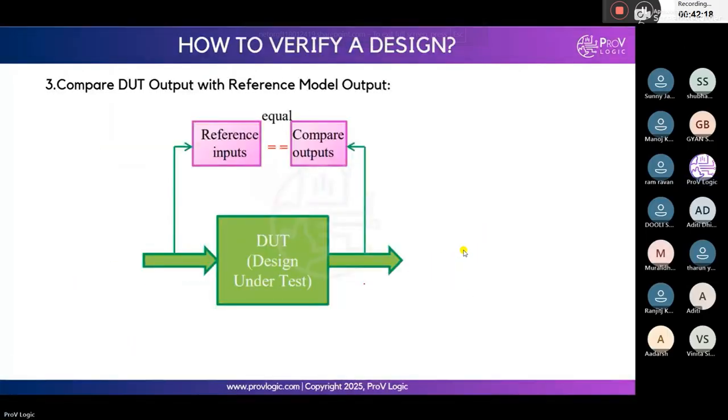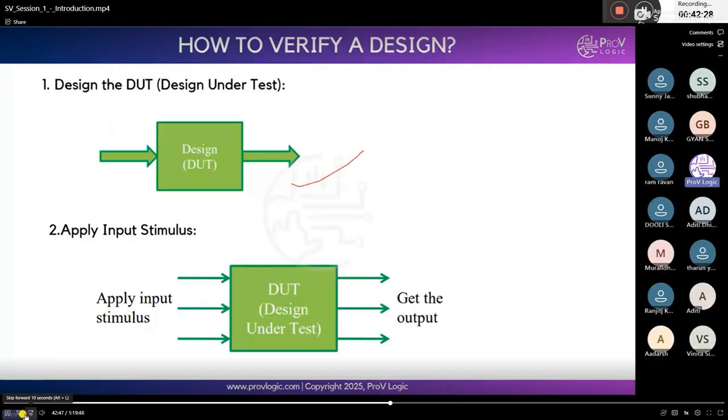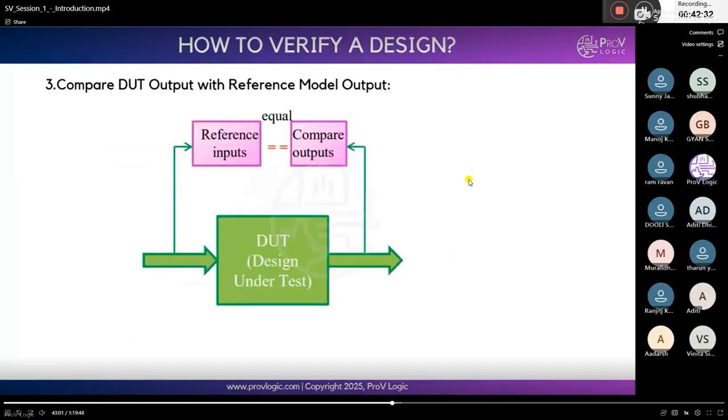So first of all, consider a design, apply the input stimulus, get the output, and we need to check it against the reference. Suppose in Verilog HDL, normally whatever output we got, we check with manual calculations.